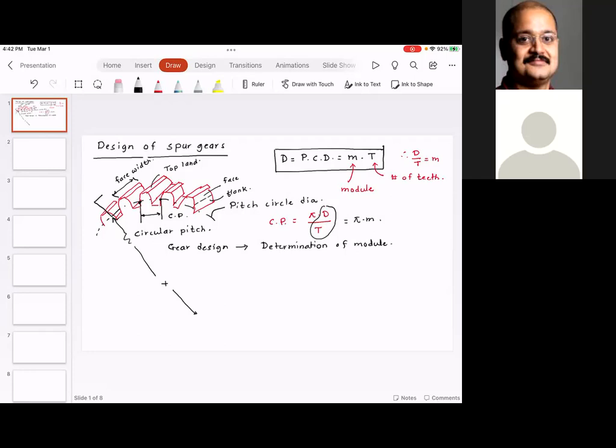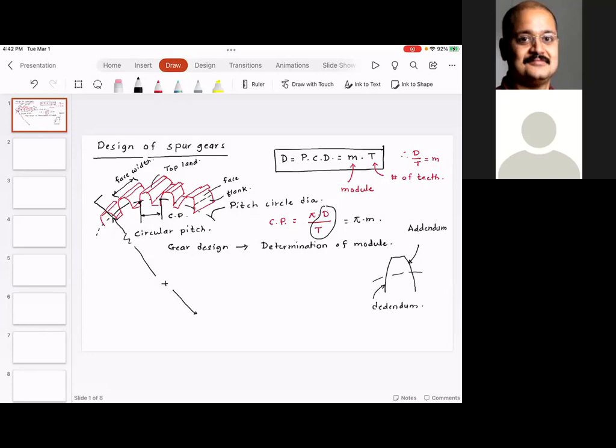Now, what other parameters are important for a gear? So this top part of the tooth, I believe I kind of alluded to this, is called the addendum. This part is called the dedendum.